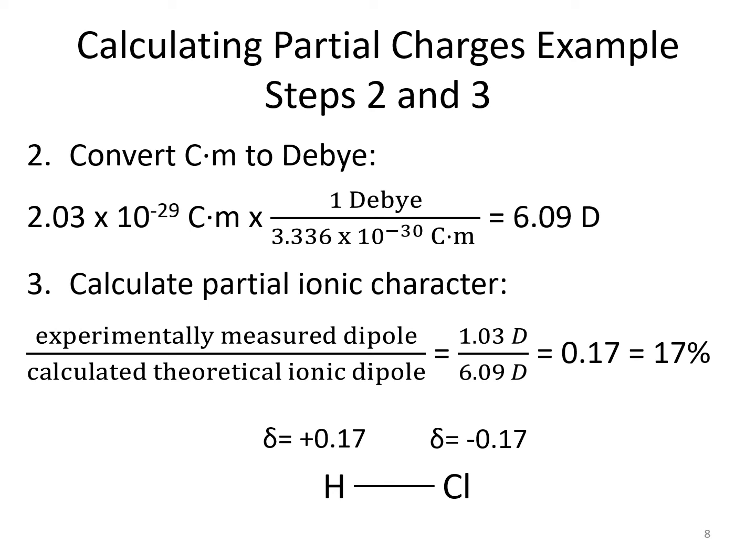We come out with 0.17, or in other words, 17%. Essentially, 17% of an electron is transferred from the hydrogen to the chlorine. The partial charge on each of the atoms could be expressed as plus 0.17 on the hydrogen and negative 0.17 on the chlorine.